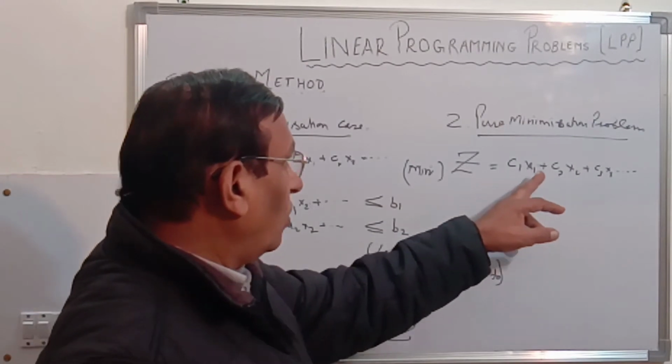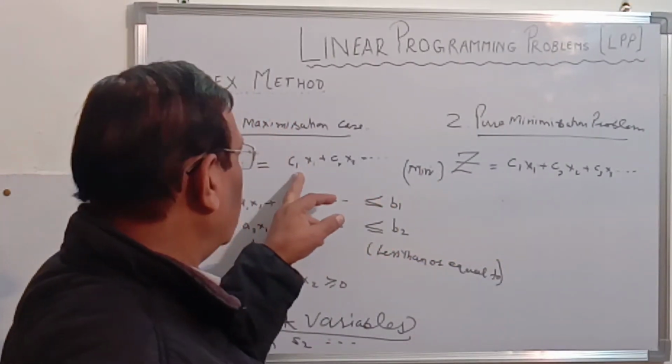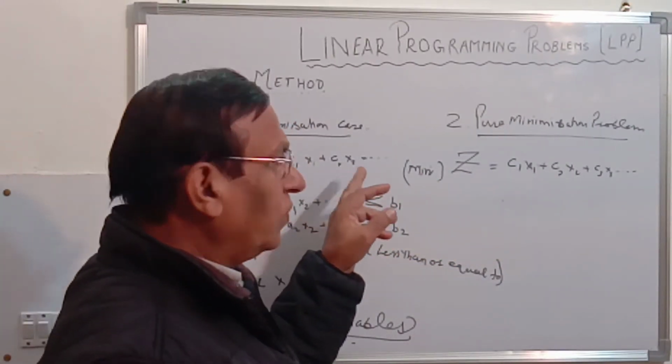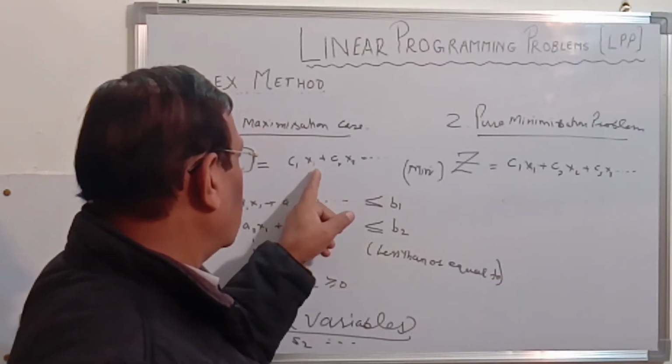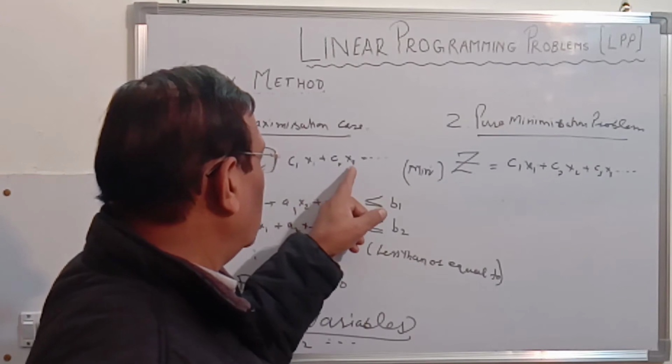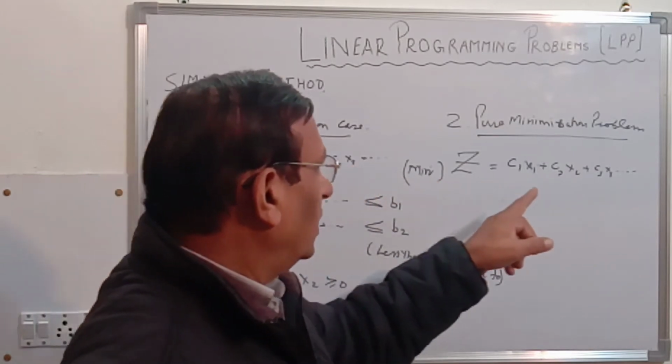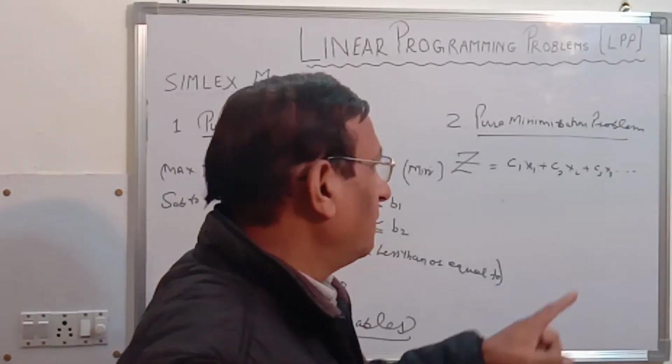C's are the coefficients. What are the c's? C's are the coefficients of the variables. C1 is the coefficient of x1, c2 is the coefficient of x2, c3 is the coefficient of x3.